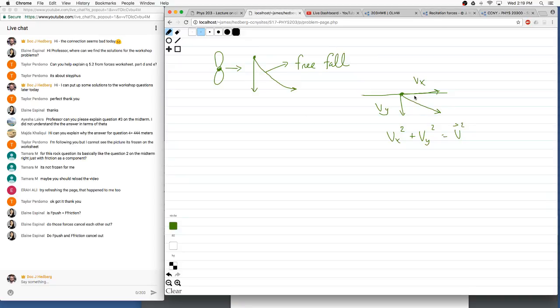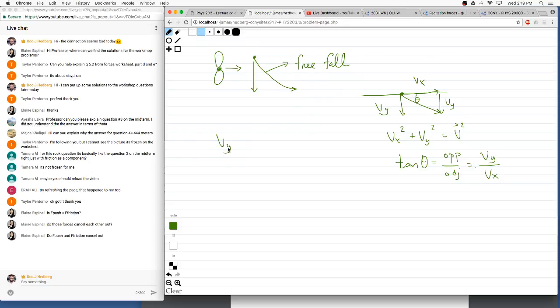I can see if this is angle theta, that tangent of theta is going to be equal to opposite over adjacent. That's the definition of tangent. And the opposite side is equal to Vy. The adjacent side is equal to Vx. So I need to figure out what Vy and Vx are for this object after it undergoes this fall.